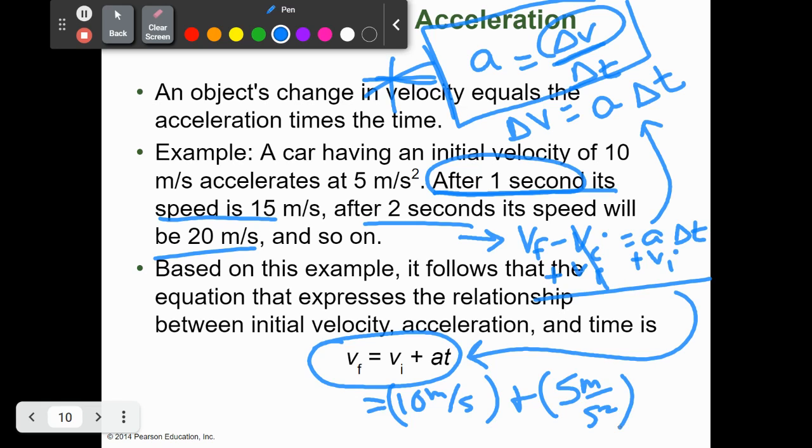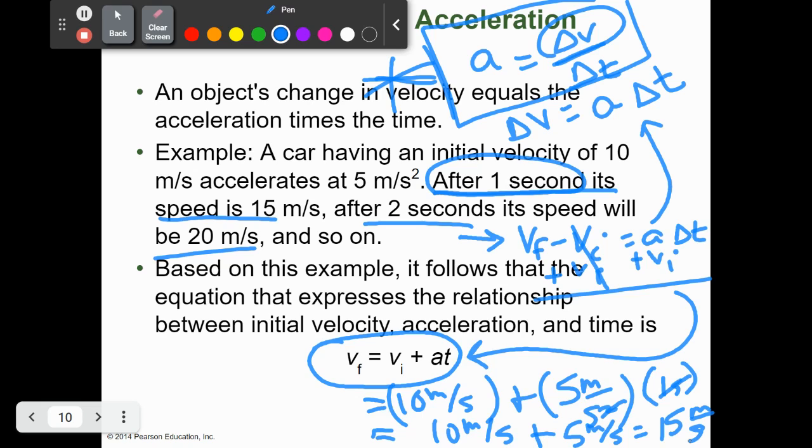Okay, so if we did the final minus initial, that would be 1 minus 0, which is just 1, right? Okay, so my seconds cancel there, and I have 10 meters per second plus 5 meters per second, which is 15 meters per second. Okay? Does that make sense?